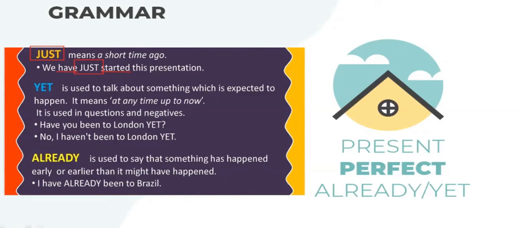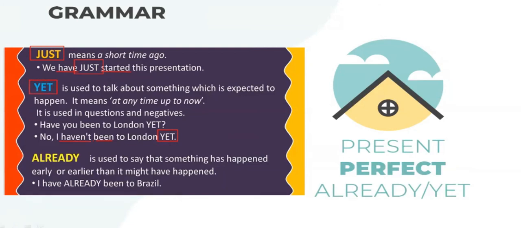You begin with your auxiliary, haven't or hasn't, and then your verb in past participle, complement the sentence, and at the end of the whole sentence, you have the word yet. I haven't been to London yet.